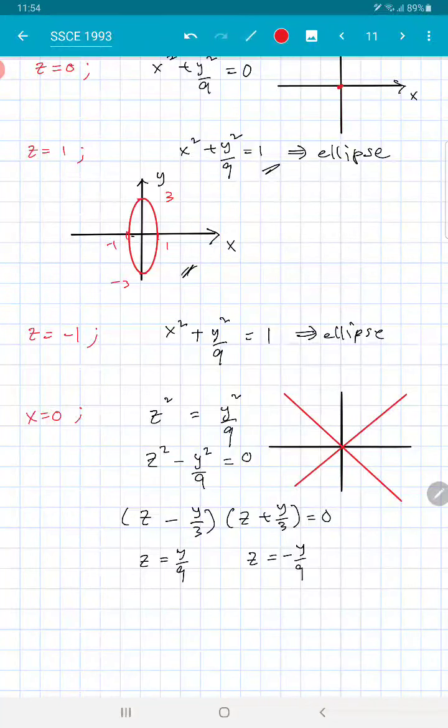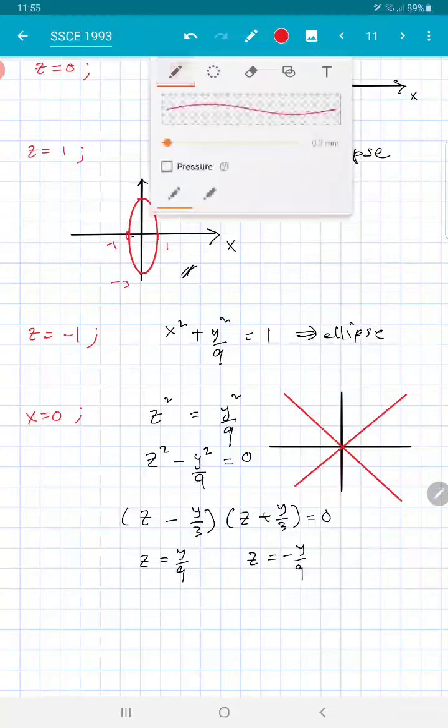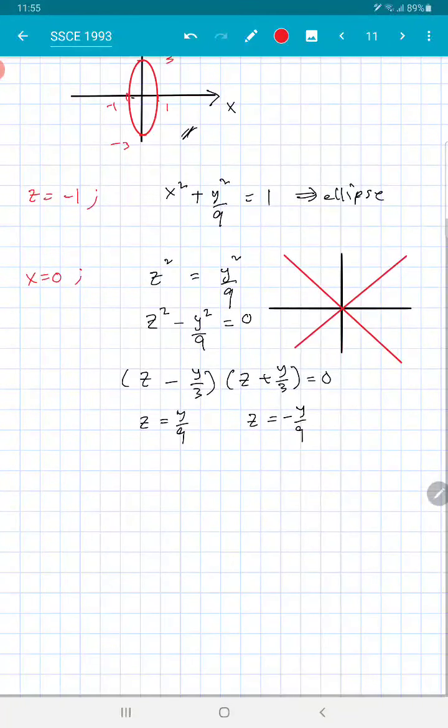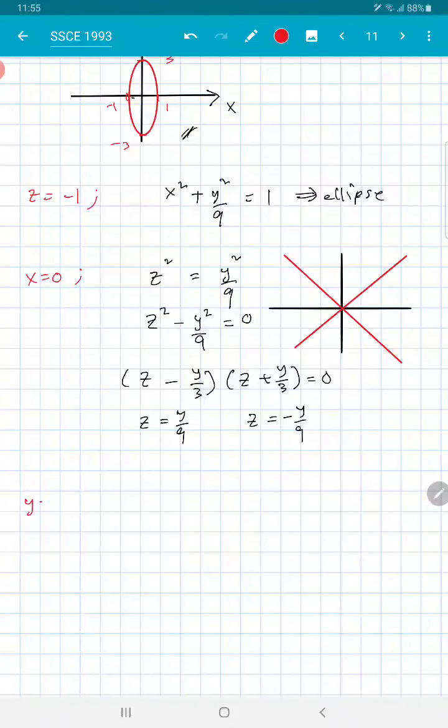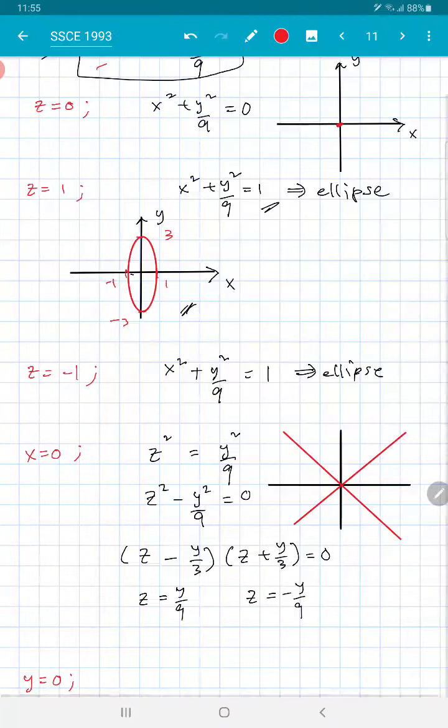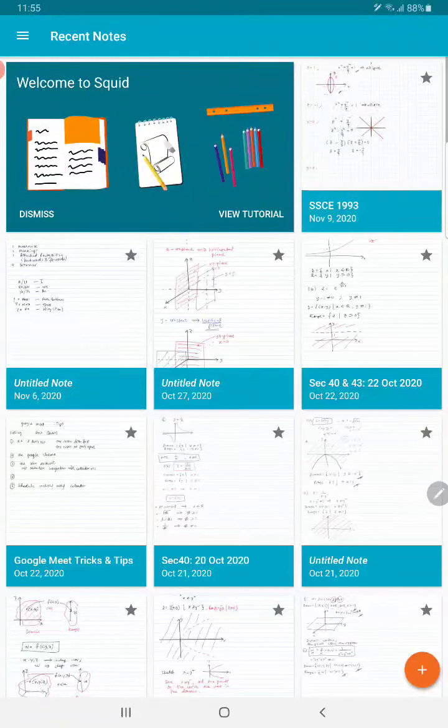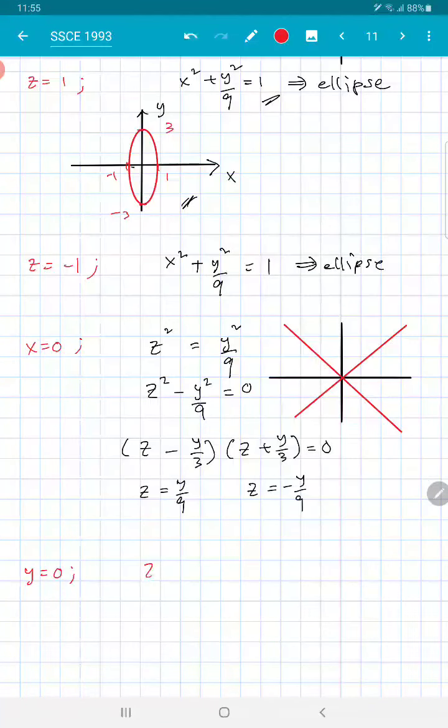Okay, now we can also get the view from the side. From the side, we let Y be a constant. I'm going to choose Y equals 0. Then the equation will be reduced to Z squared equals X squared. Okay, so doing the same process as before, we can factor this equation as Z minus X times Z plus X equals 0.